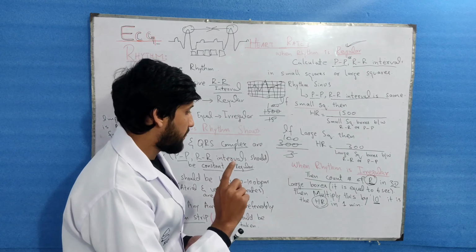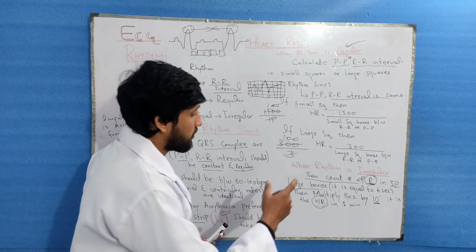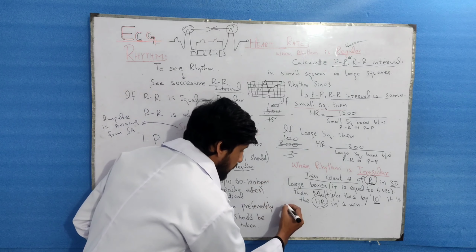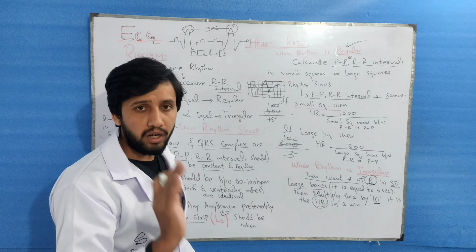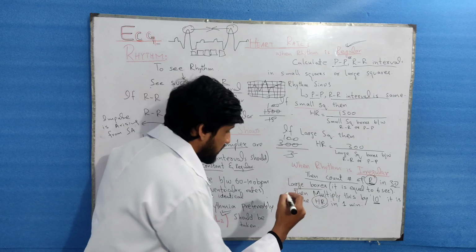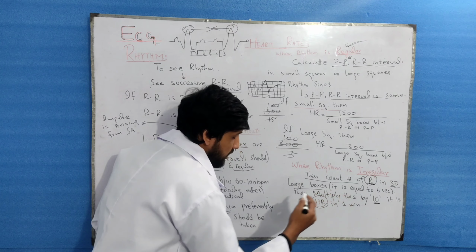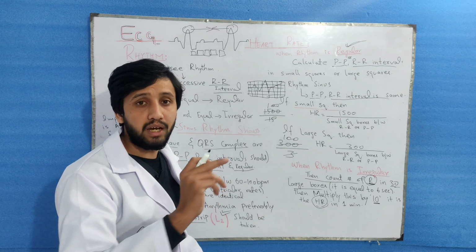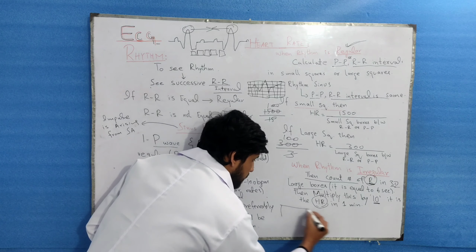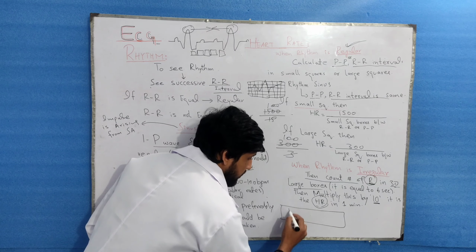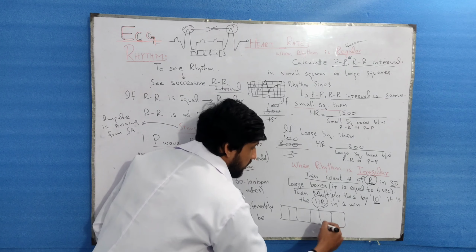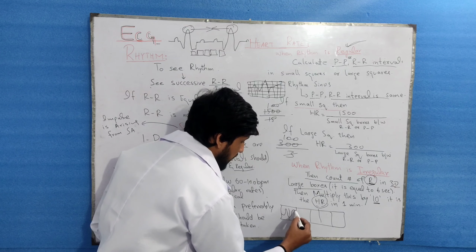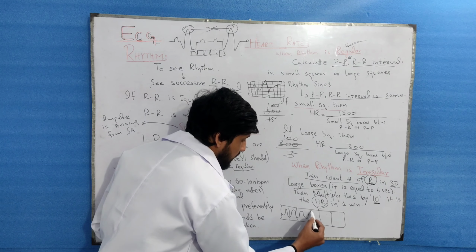Suppose you are calculating heart rate from an irregular rhythm, then count the number of R waves in 30 large boxes. From 30 large boxes, you will multiply this number. You will see the ECG paper; there will be large boxes. Count 30 large boxes and see the number of spikes of R waves, only the R waves.